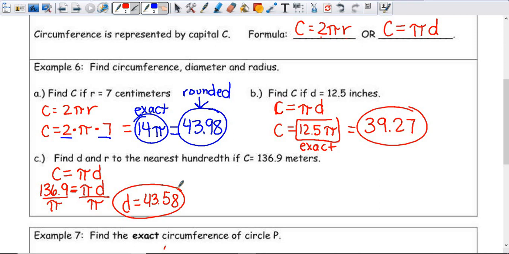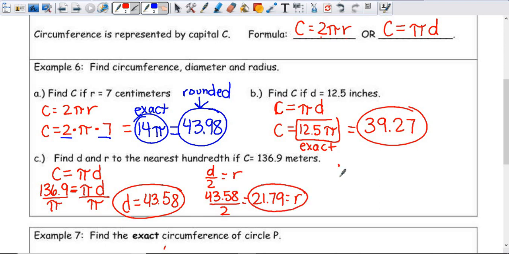All right, now two different ways you could get your radius. You could just do your diameter divided by 2 because radius is half of that. So we could do 43.58 divided by 2 and we would get 21.79. So this is your radius.